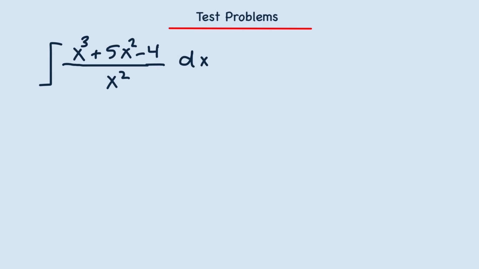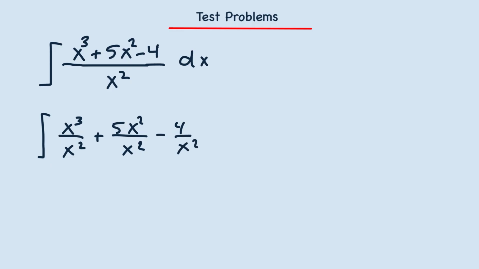So let us do it together. Then I will have integral x cubed divided by x squared plus 5x squared divided by x squared minus 4 divided by x squared dx.